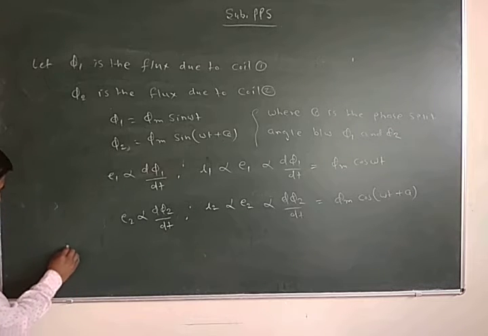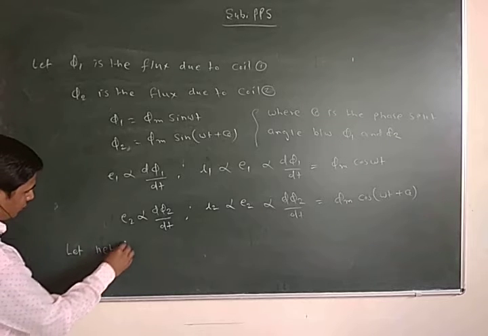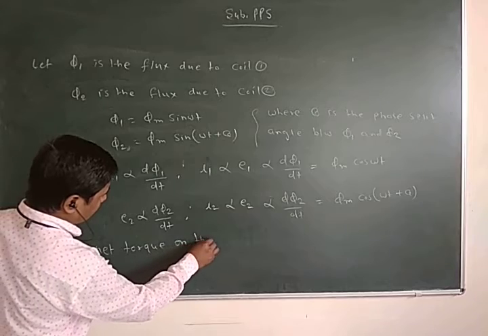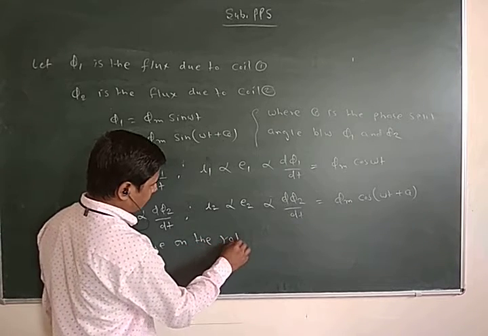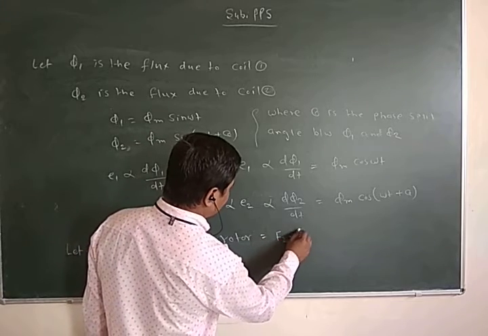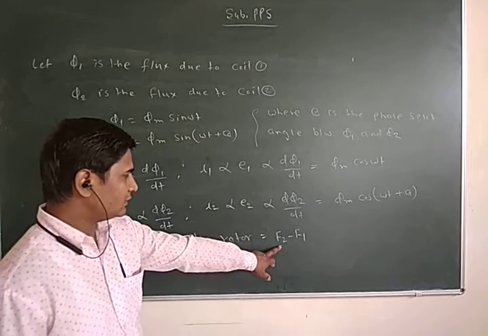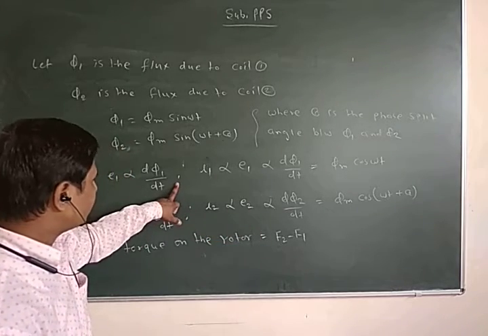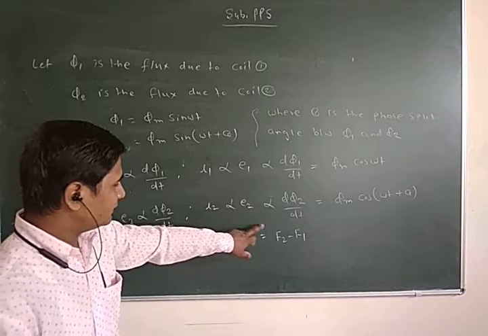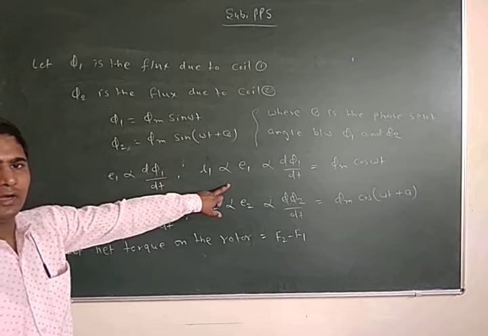So let the net torque on the rotor be F2 minus F1, because there are two forces. One force is due to flux Phi1 and current I2, and the second force is due to current I1 and flux Phi2.